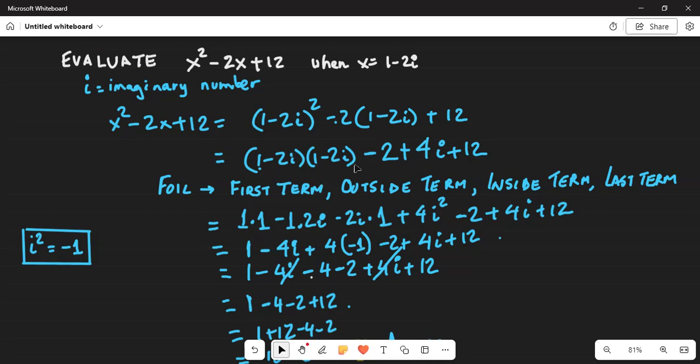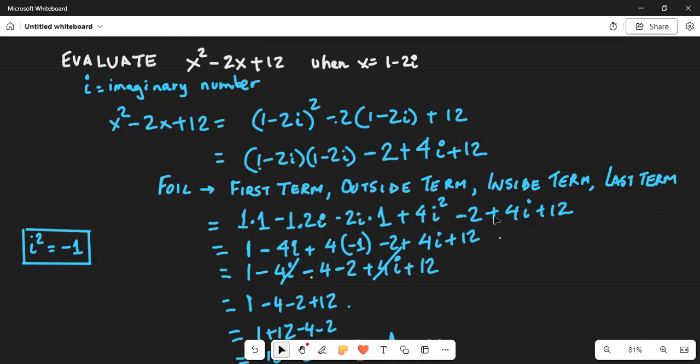Now for the first two terms, I will FOIL, which is first term 1 times 1. Then the inside term, minus 2i times 1. Then the outside term, which is 1 times minus 2i. And then the last term, which is minus 2i times minus 2i, which is plus 4i squared.